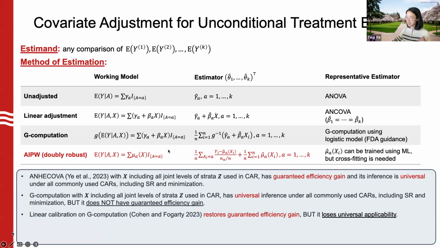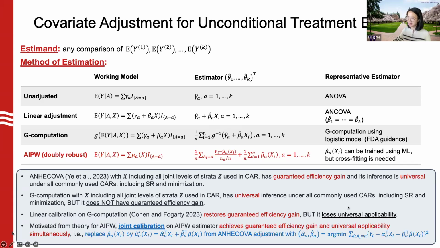The main idea is that once we fit the G-computation, like fitting these nonlinear models, we take them as our super covariates and then refit a linear model. And because the linear model, especially ANCOVA, gives us a no-harm guarantee, that restores guaranteed efficiency gain. But this approach only works for simple randomization, so we extend it to covariate-adaptive randomization.